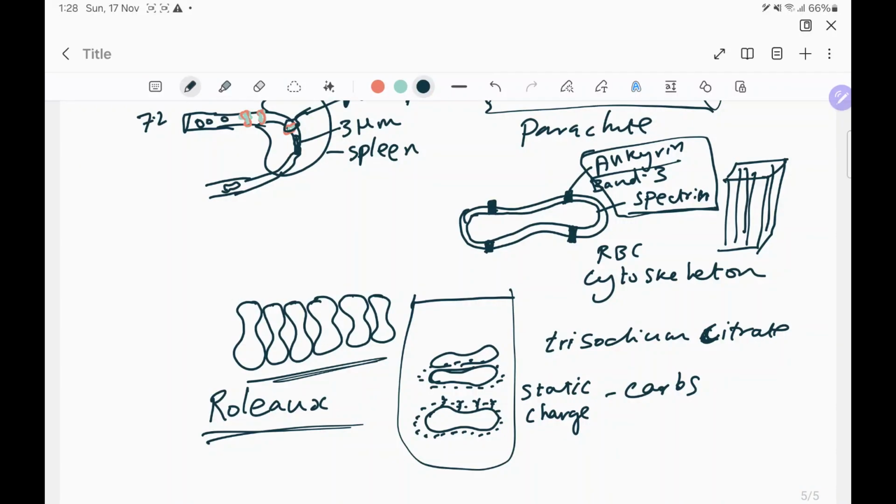When you leave the blood unshaken, without too much movement, what happens is plasma proteins in your blood are going to cover these static charges. It's kind of like everybody with an ugly face. Nobody wants to date each other. Imagine there's a town or a village and everybody has an ugly, angry face. Now they repel each other.